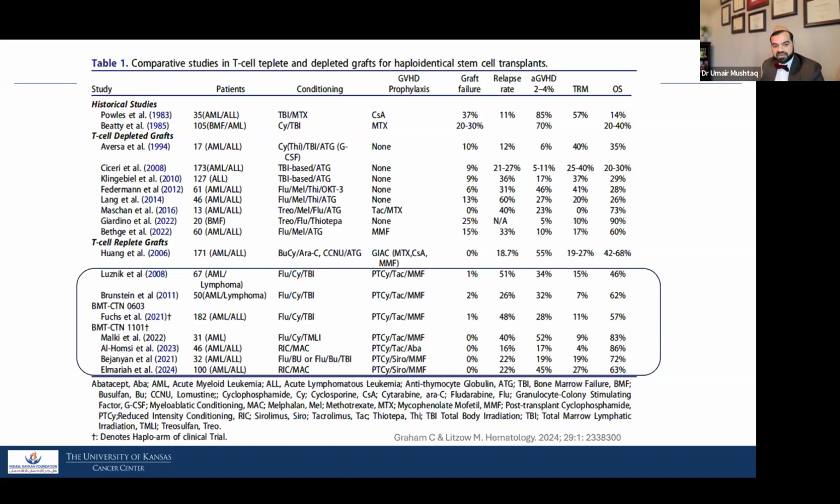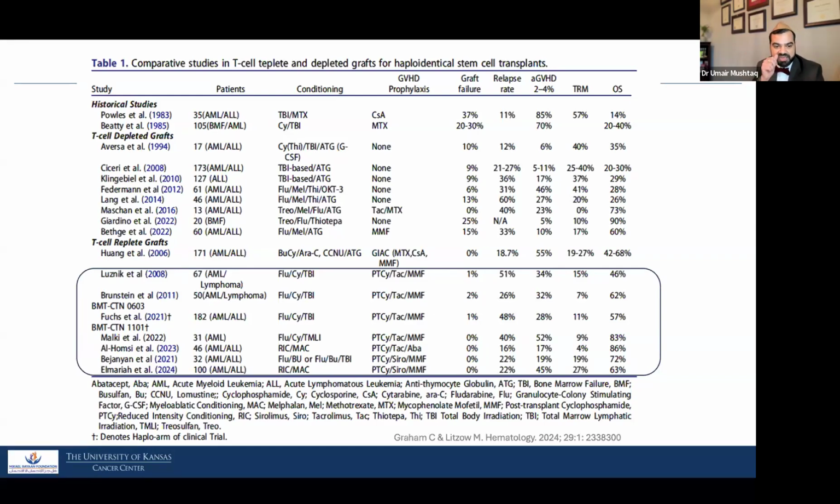I think we are getting better at treating the underlying diseases, and patients who are getting these transplants are in better remission. The top part of this chart shows the ATG-based regimens, and the survival has been in the 30, 40% range. There are a few studies that show survivals upward of 80, 90%, especially in non-malignant disease, but they have not been reproducible.